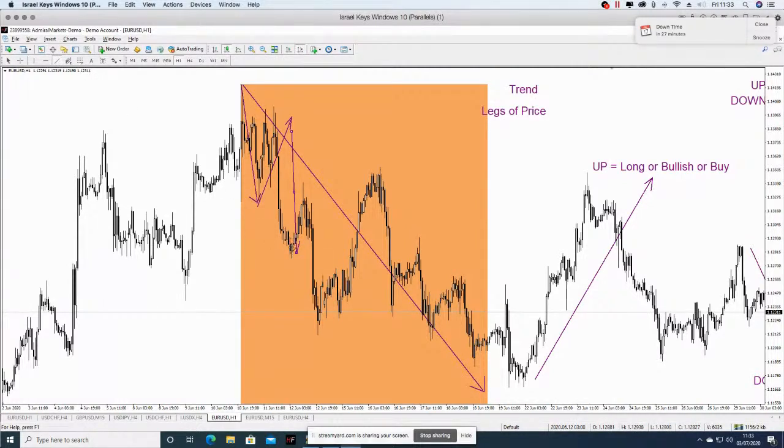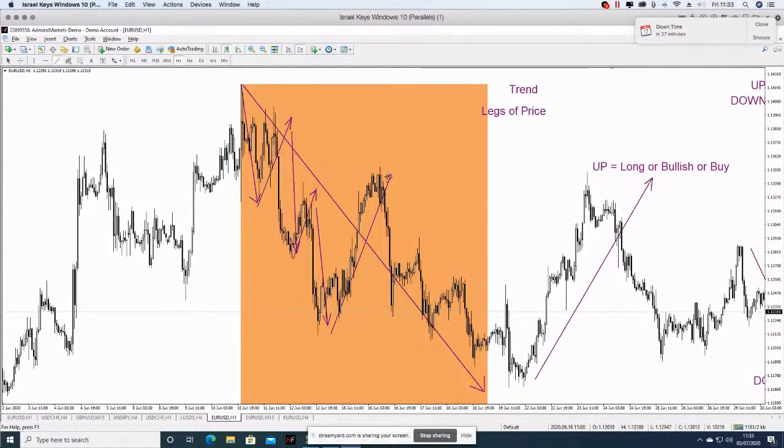Then comes up again. Here. Then it comes down again. Then it comes up again. I'm going to show one more up and one more down before I stop, so you get the point.